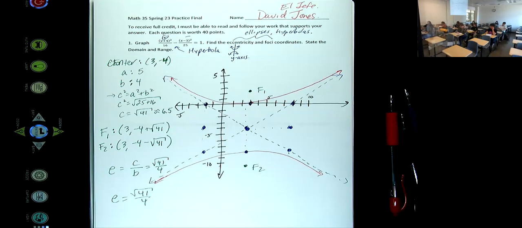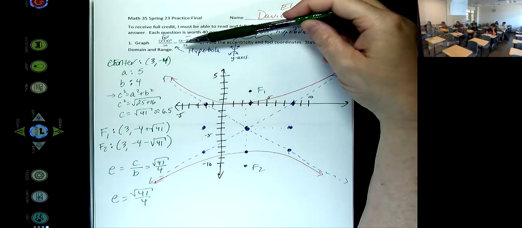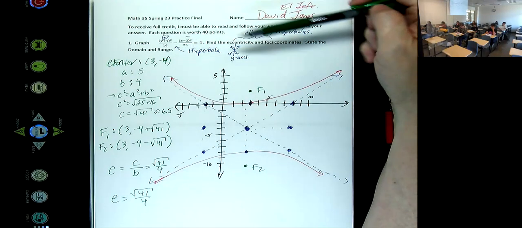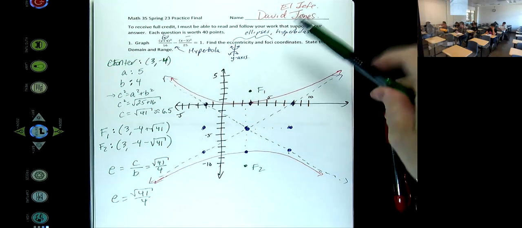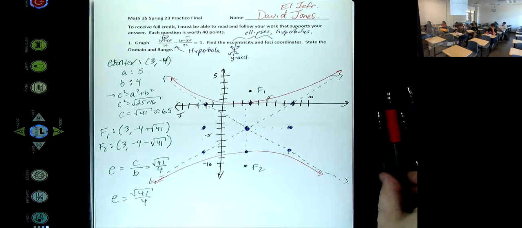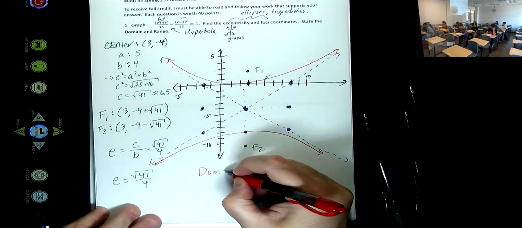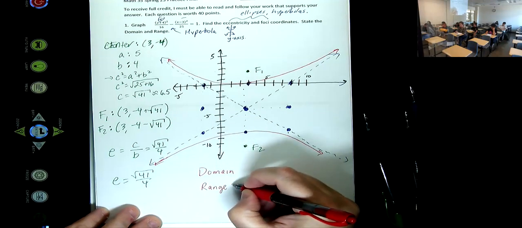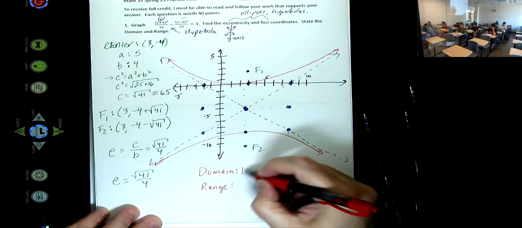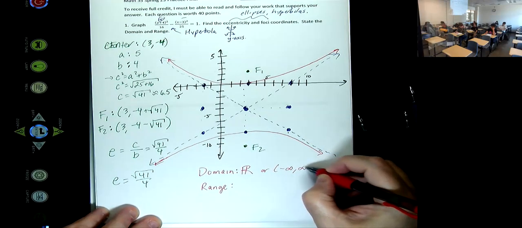What else did I do? Let me reread the problem, make sure I did everything. It said graph it, I did that. I found the eccentricity right there. I did the foci coordinates. I need to state the domain and range. The domain is all real numbers. You can do that, or you can do negative infinity to infinity.